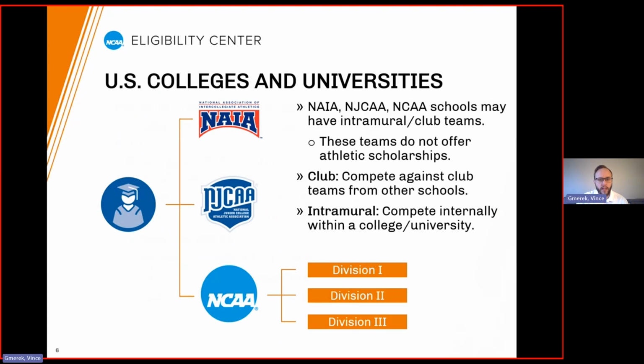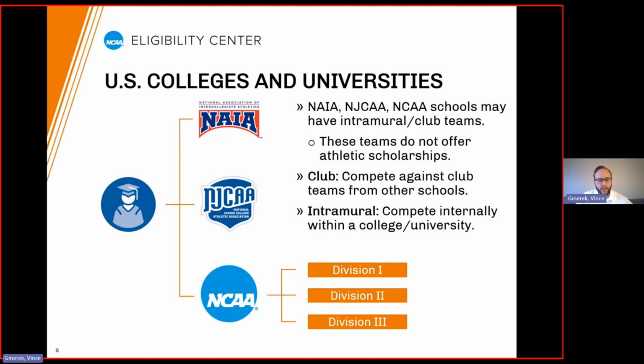Now, in terms of U.S. colleges and universities, today we are representing the NCAA, but we are not the only collegiate athletic association in the United States. Mainly, there are 3 major associations. However, there are others.